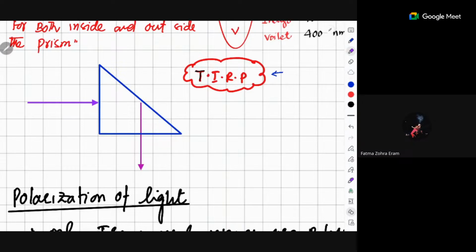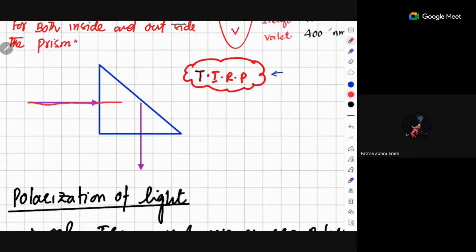So will it go downwards? According to the rule, it is entering from more dense to less dense. So according to the rule, this is the normal. Okay, I will draw the normal here.